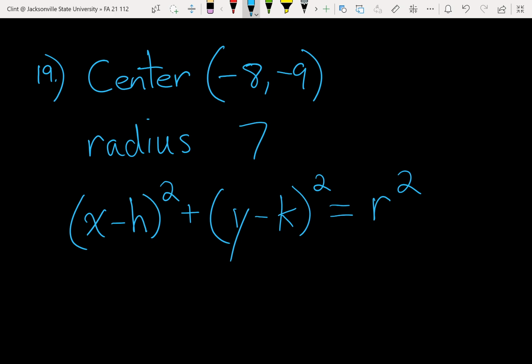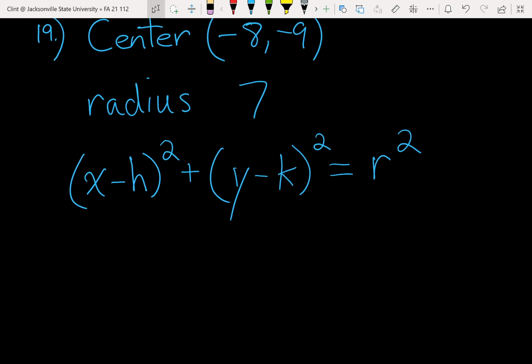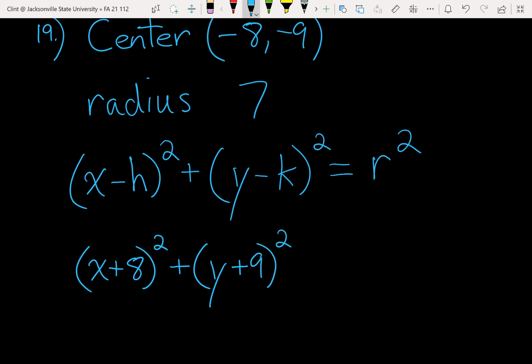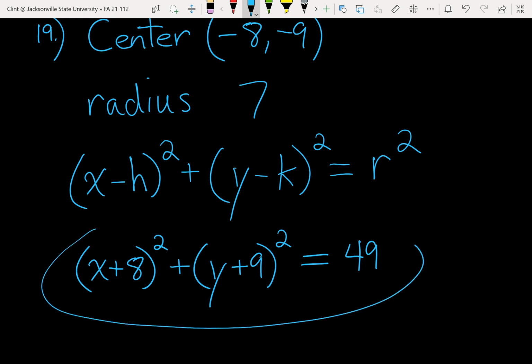We just have to be careful with the signs. Whatever the center is, when you put it with x, the sign's going to flip because it's subtracted. And so we'll have x plus 8 squared plus y plus 9 squared, and then over here we'll have 7 squared, which is 49. That's all I need.